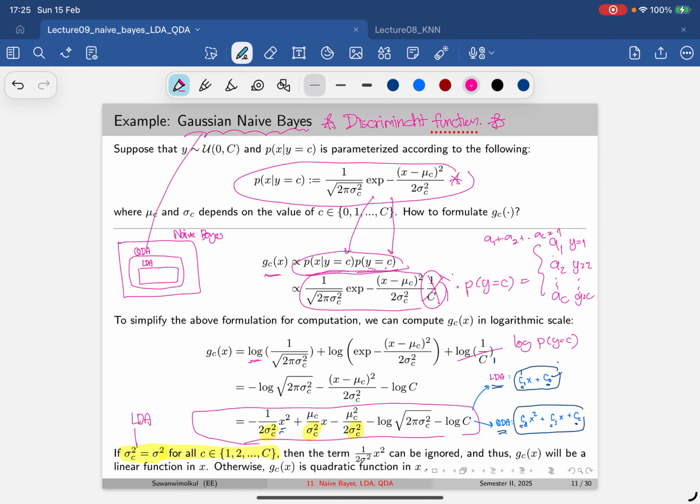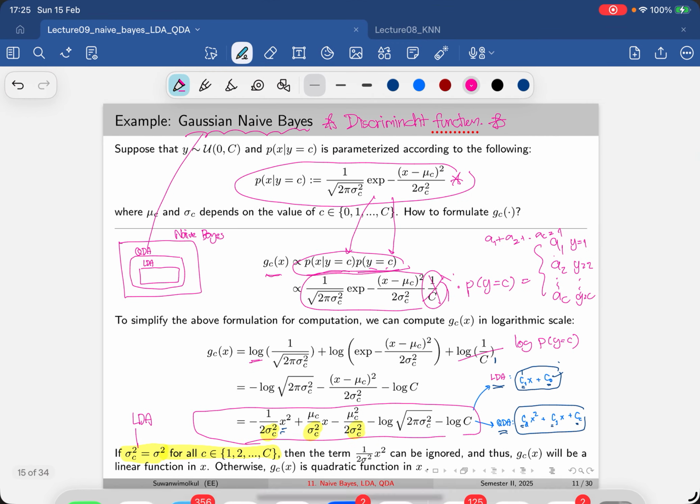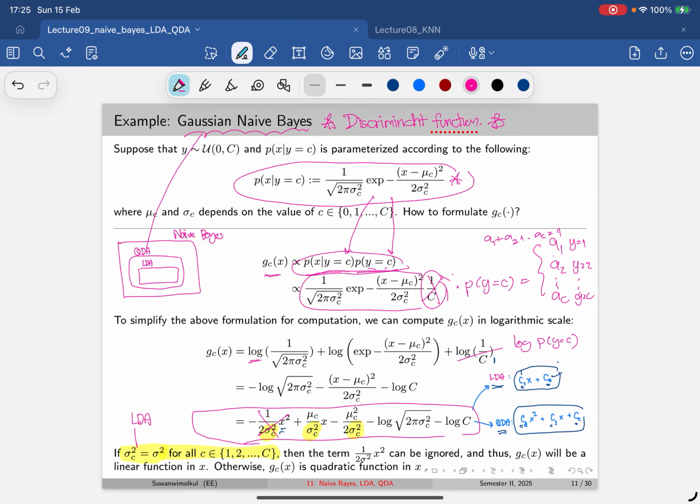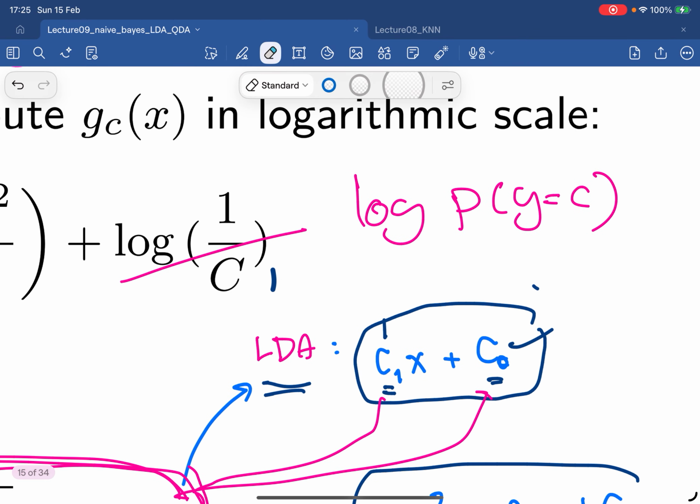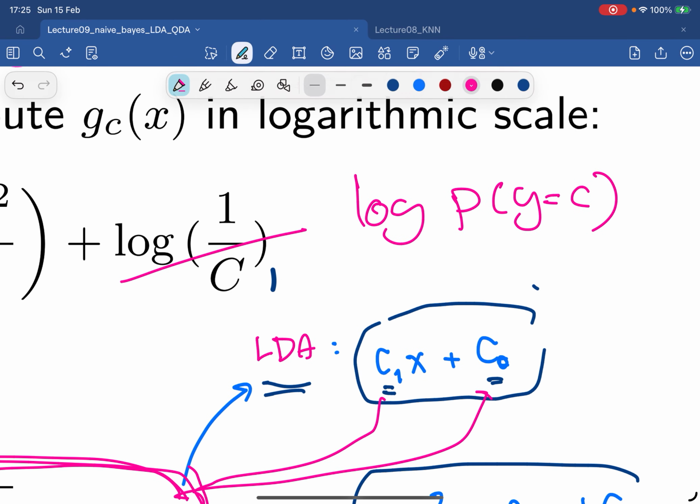And notice that if we make this assumption, this term will be somewhat useless, right? So we will have only this term left. When we only have this term left, we will have a function of x with maybe some constants. So we can write it like C1 times x plus C0. Actually, C1 and C0 depend on what class y is, so maybe I should alternatively write it with y equal to C as a superscript.